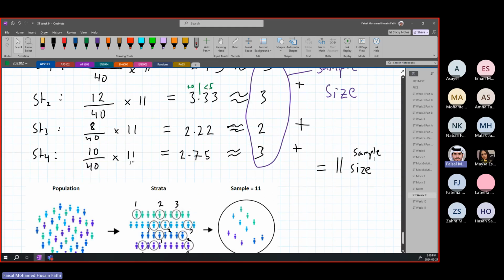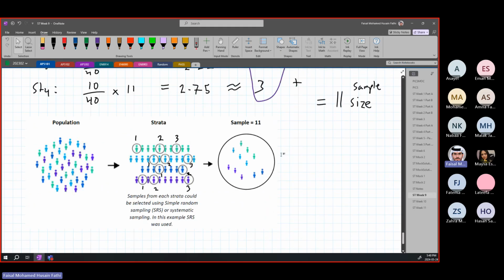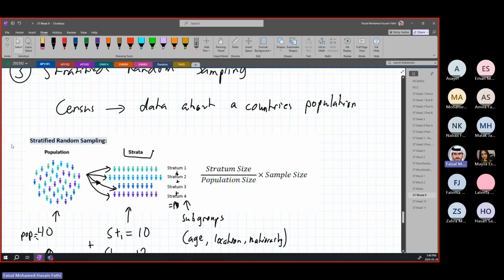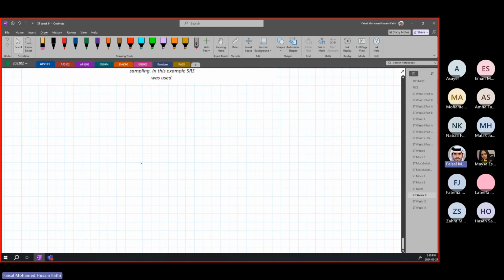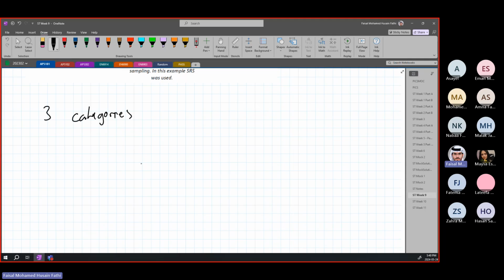When it comes to any question like that, the questions I've mainly seen were about stratified random sampling. They're going to give you a question that tells you there are, for example, 3 categories. One of them is management, where you have 10 people. The second one is technical, for example, and you have 20 people there.